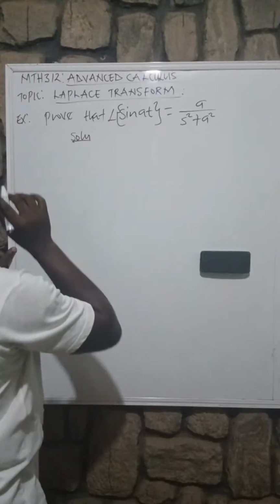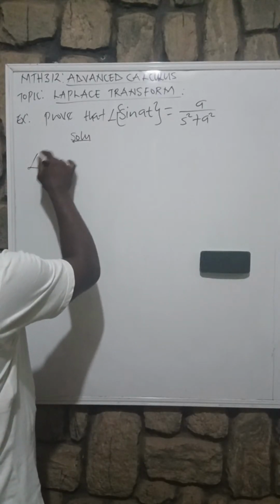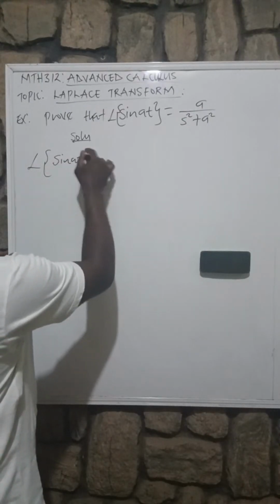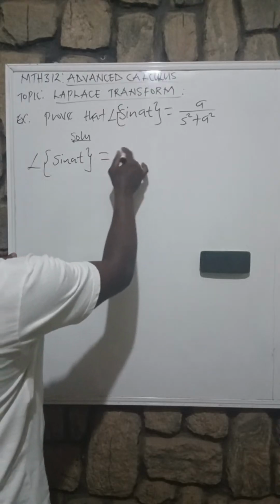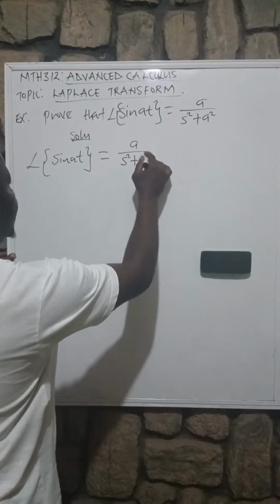Let us write the solution. We should prove that Laplace of sine at is equal to a all over s squared plus a squared.